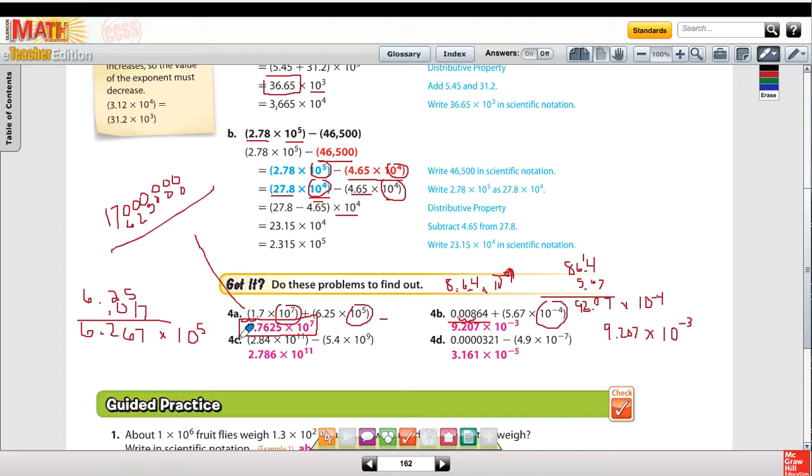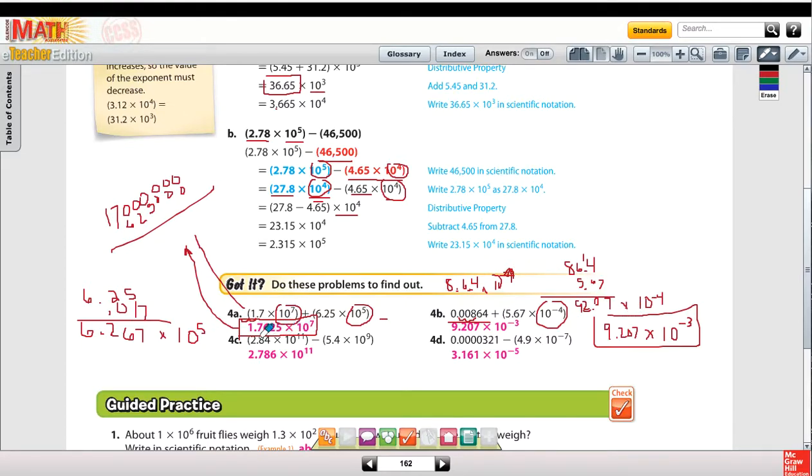So I'm going to have to take a double look at that, because that actually matches up with this one right here, but I did something wrong when I added them for this one here. Well, I'll have to go back and check that out. Maybe as you're working it out, you can find my error. On 4b, 9.207 times 10 to the negative 3, that's what I got there.